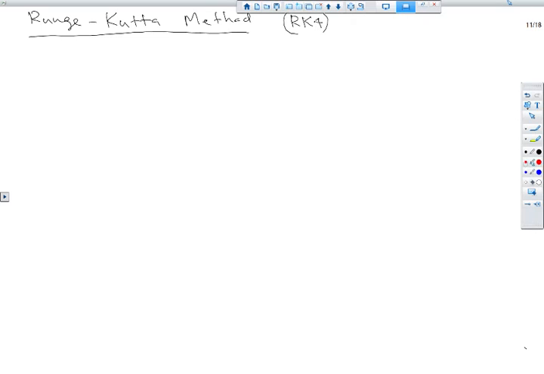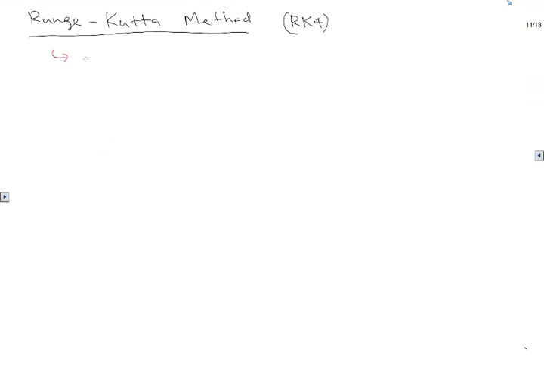So let's write it. This is the fourth order Runge-Kutta. That's the actual name, fourth order Runge-Kutta, and that's how we call it RK4.